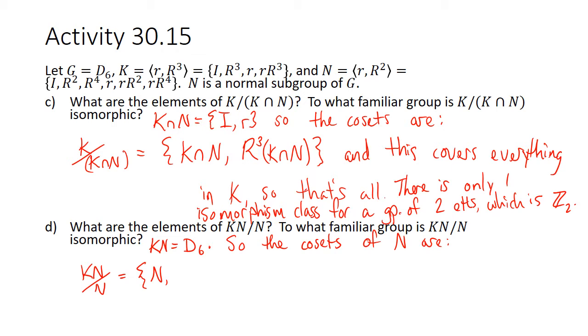So you remember that the cosets partition the group. So we have a group of 12 elements, and n is already 6 elements, so we can only have one more coset. That'll be another 6 elements. Okay, and I think we just have to pick something that's not in n, so r will work. All right, so that'll be it.